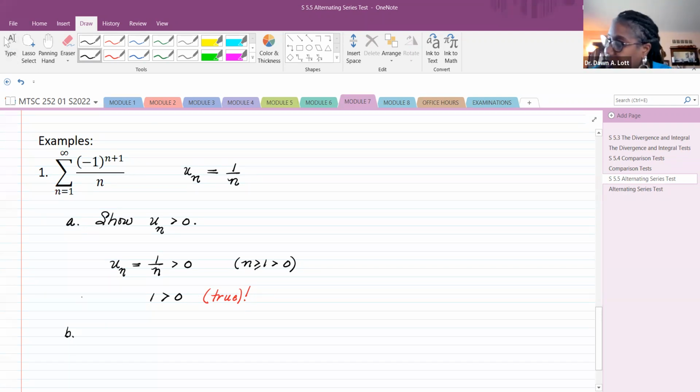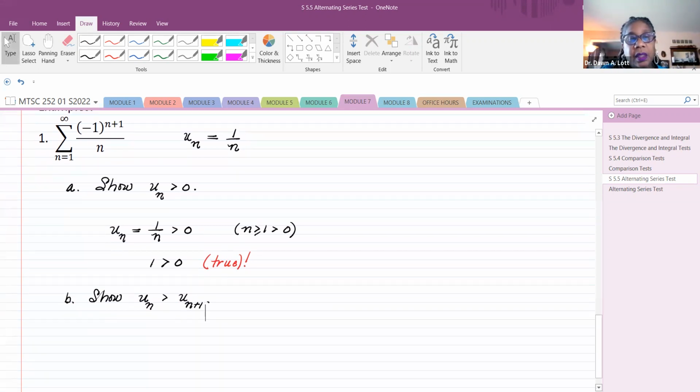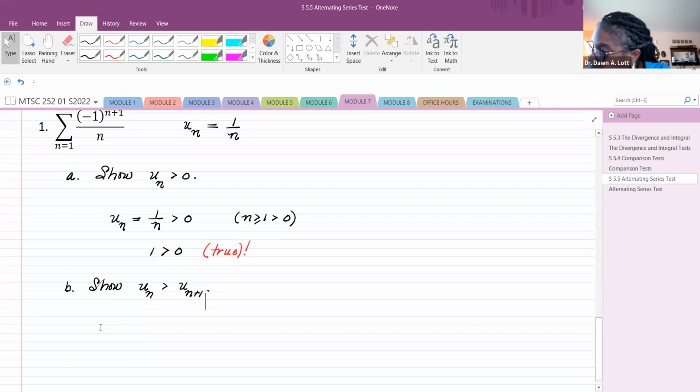The second condition, we need to show that u_n is larger than u_{n+1}. All right, well, let's do that. We have u_n is 1 over n, and u_{n+1} is 1 over n plus 1.